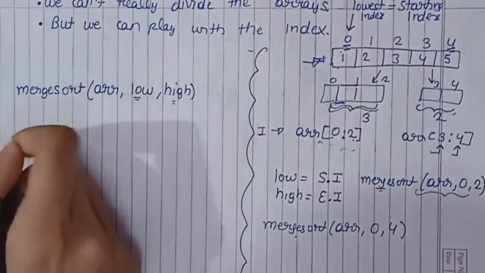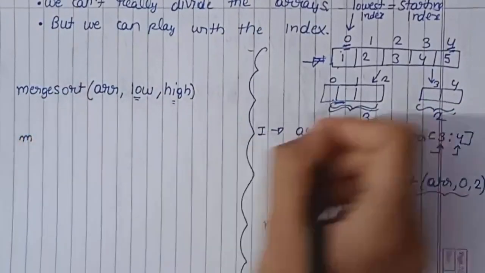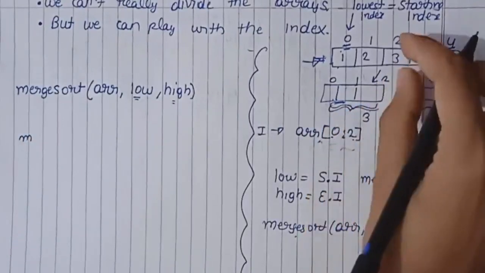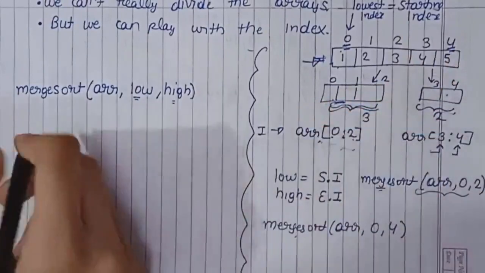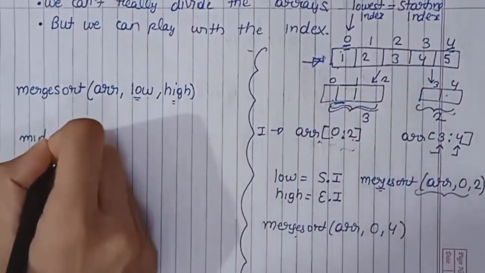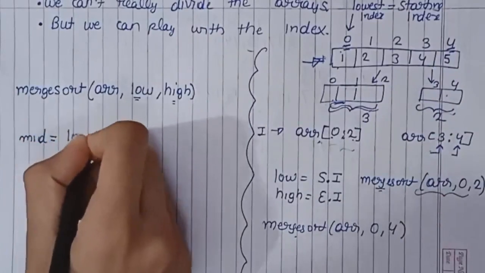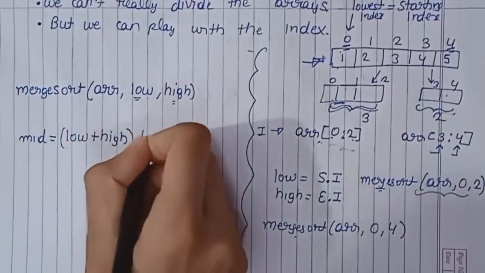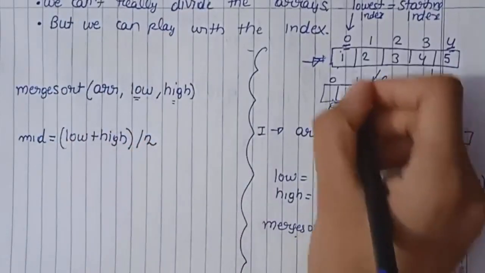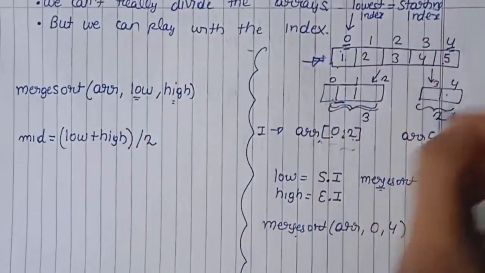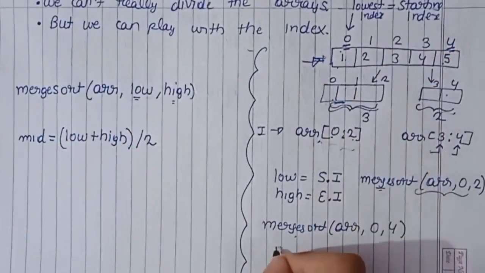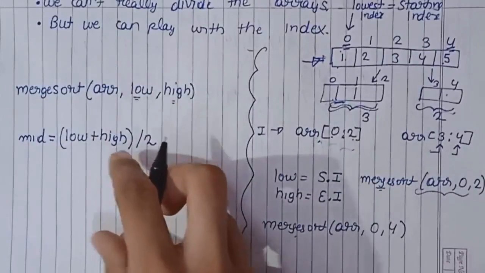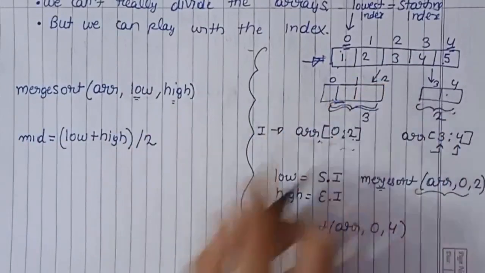Now, since we need to divide our arrays, I need to find the middle point about which we will divide. Here mid will be equal to low plus high by 2. In the first go I will calculate the mid. Let me first write the complete pseudocode so that I can explain with this example.